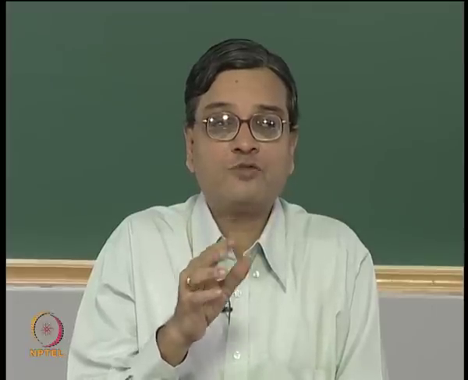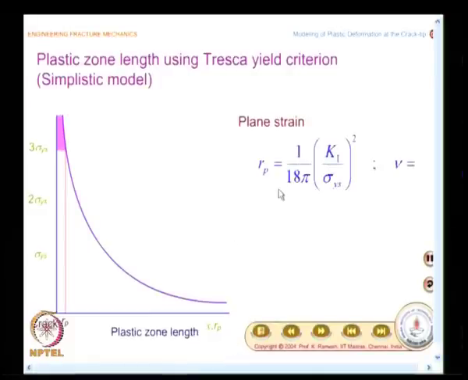That is not going to happen physically, but definitely it gives you an approximate shape of the plastic zone near the crack tip. And the value of Rp turns out to be 1 by 18 pi multiplied by K1 by sigma ys whole square. And this is particularly for the value of Poisson ratio equal to 1 by 3.